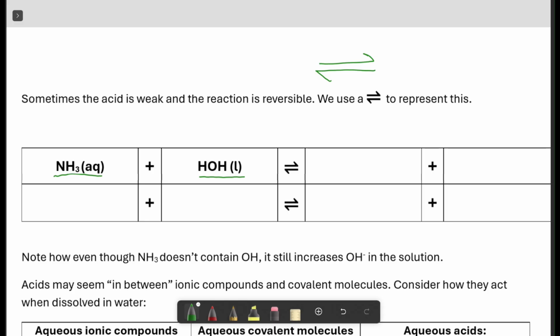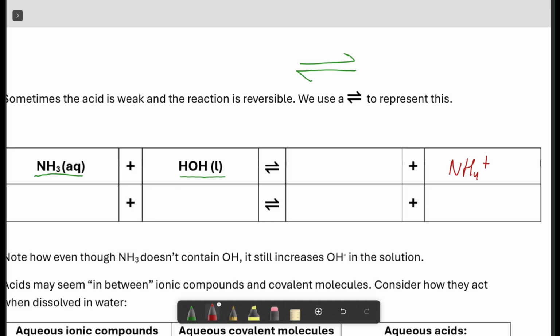Do you know of any molecule similar to NH3 that you've learned about? Ammonium. And what is that? NH4 plus, yes. So we can create ammonium. I'm going to write it over here in this box, NH4 plus.